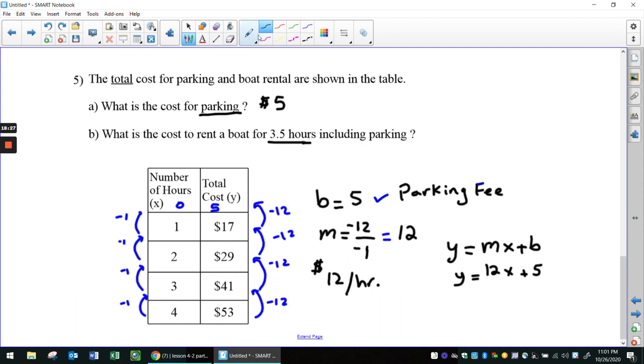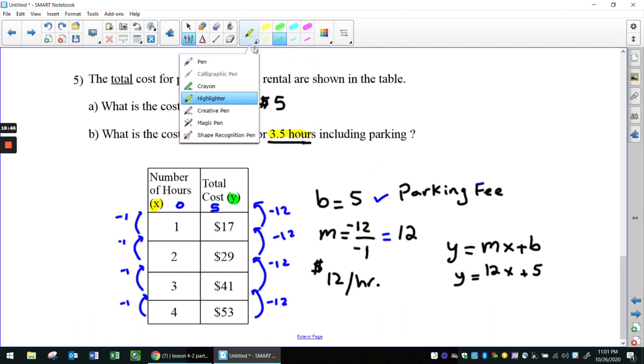So be careful, recognize that your hours is your x values. So that's your number of hours, and you substitute 3.5 hours in for x, and then you'll figure out what the cost is. And the cost would be what your y is. So this y here is the cost.